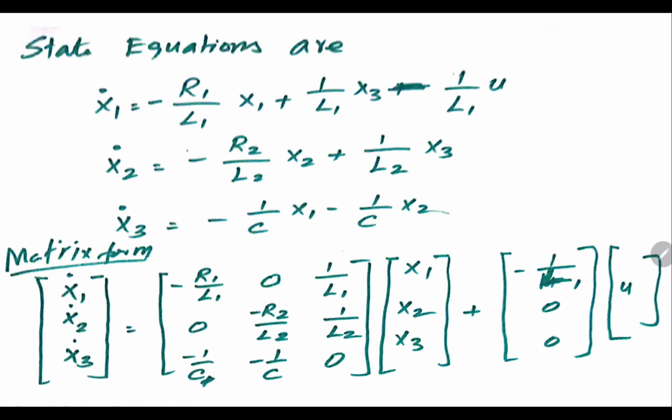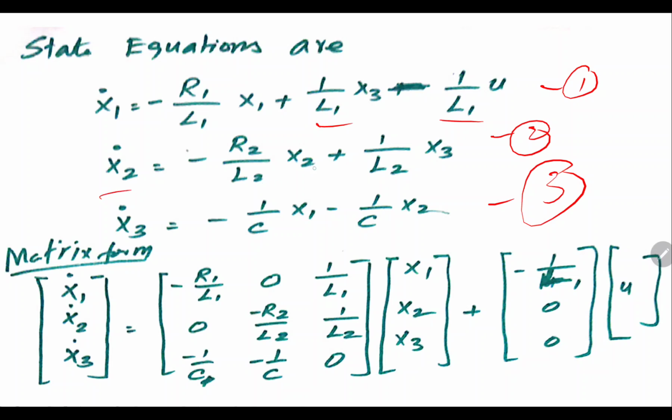I am writing these three equations like this: this is 1, this is 2 and this is 3. The first equation: x1 dot is equal to minus R1 by L1 x1 plus 1 by L1 x3 minus 1 by L1 u. x2 dot is equal to minus R2 by L2 x2 plus 1 by L2 x3, and x3 dot is equal to minus 1 by c x1 minus 1 by c x2.